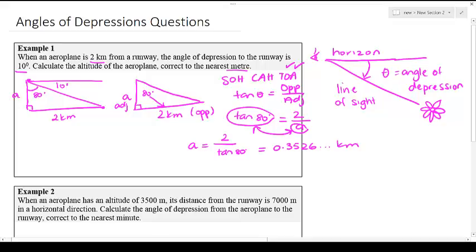The question is asking us to the nearest meter, so I'm going to times this by 1,000. So it becomes 352.6 meters, and rounding off to the nearest meter, it's going to be 353 meters.